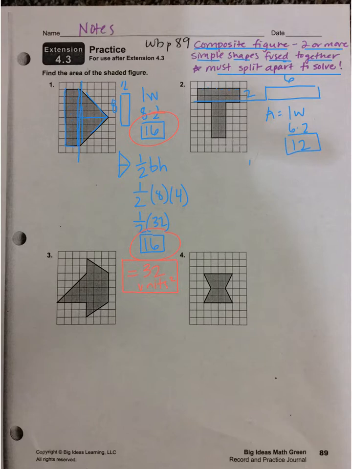We have another rectangle that goes this direction, and it is a 1, 2, 3, 4, 5 by 1, 2. So length times width is 5 times 2, and that's 10. Together we are going to add these together. 12 plus 10, I should put a plus sign here, would be 22 units squared.